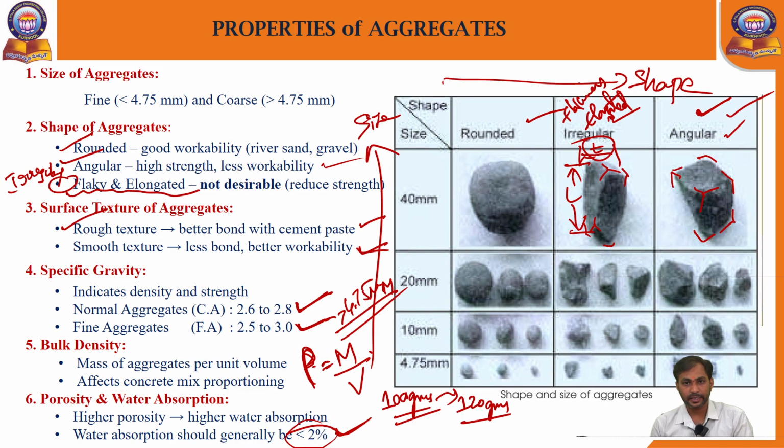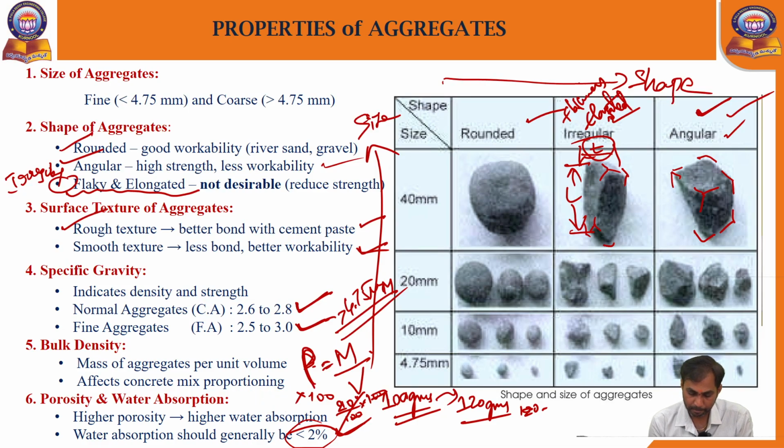Then you calculate wet minus dry by dry: 120 minus 100 by 100, that is 20 by 100 into 100, so 20 percent. See here, 20 percent is increased. So the aggregates have a porous nature and absorbed 20 percent water, like that.